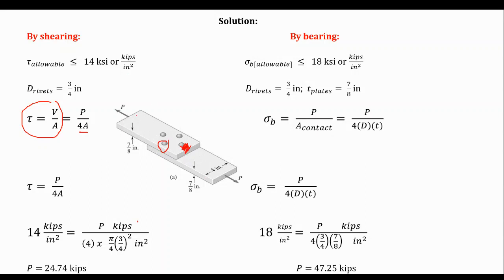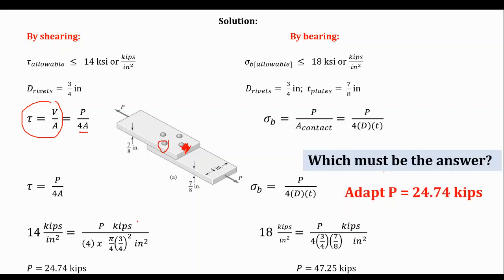So this is a dilemma. There are two ways to solve it and then there's only one answer. I hope your answer is P equal to 24.74. Again, we must always accommodate the weakest parameter of our design.